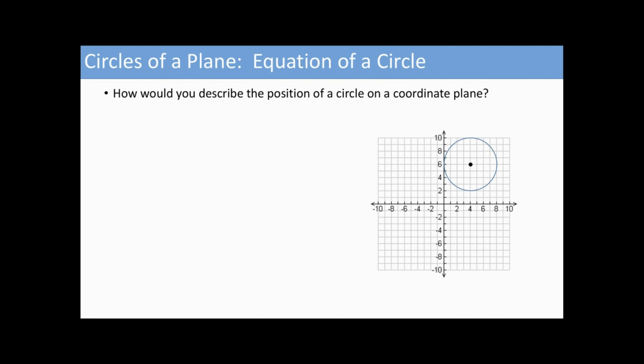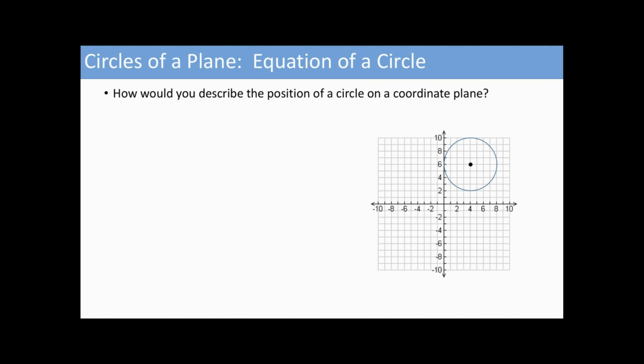So let's look. How would you describe the position of a circle on a coordinate plane? If you had a partner and you had to explain how to draw a circle that you can see, how would you explain it to them? That it would be identical in size, shape, and position.